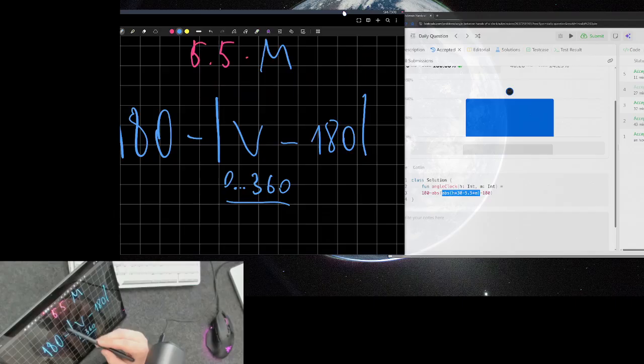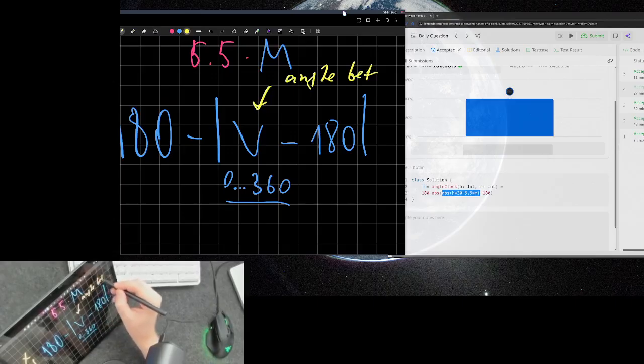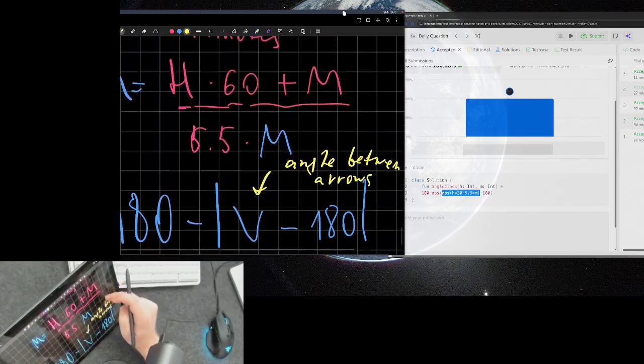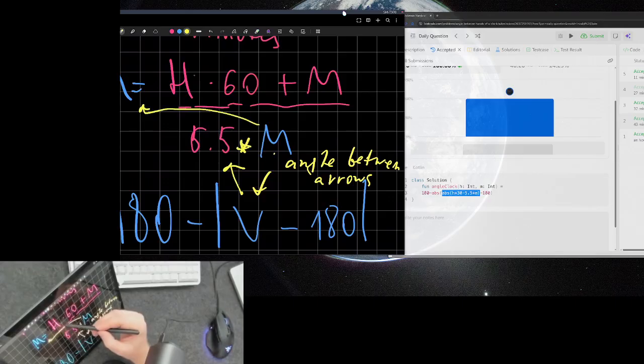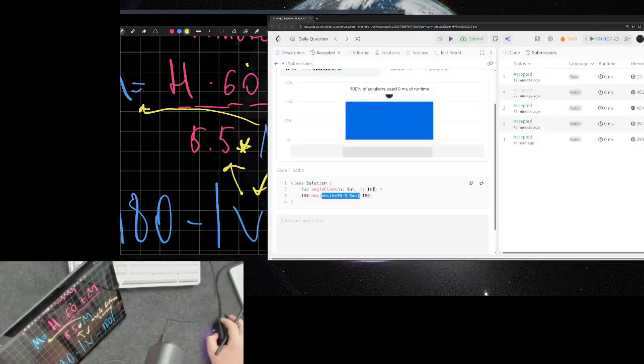This is how we go on without ifs. And this v is the angle between the arrows, and it equals 5.5 times total minutes, and total minutes is hours times 60 plus minutes. So this is how it looks. This is the shortest variant.